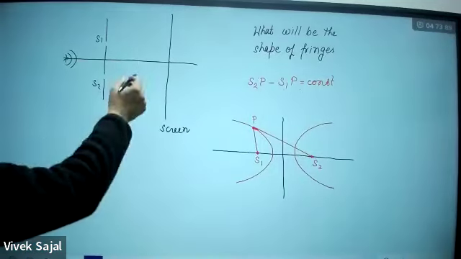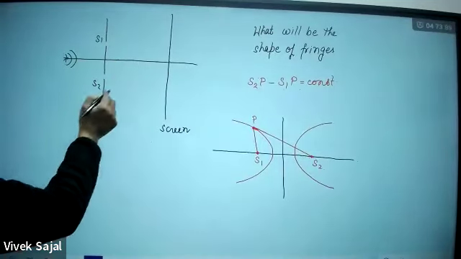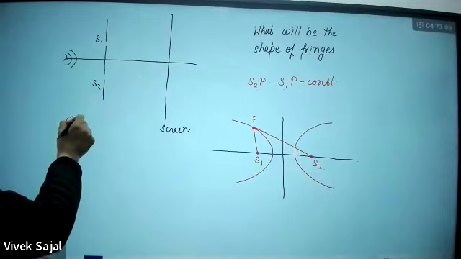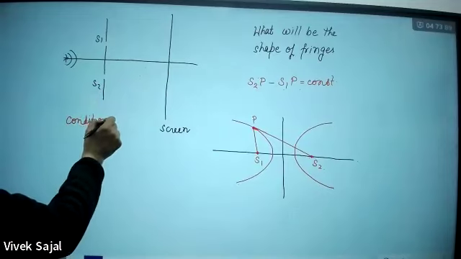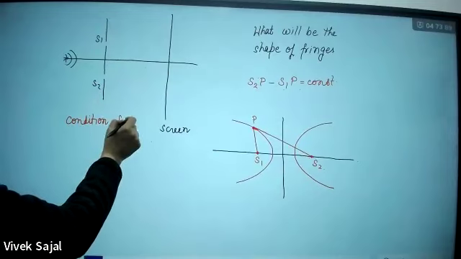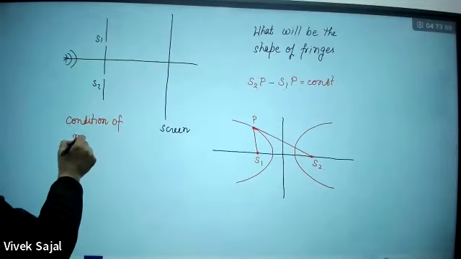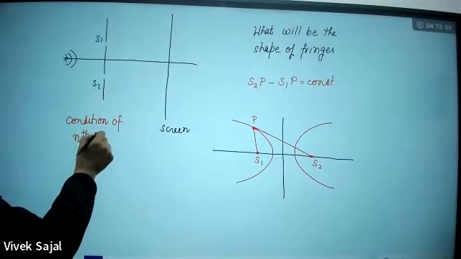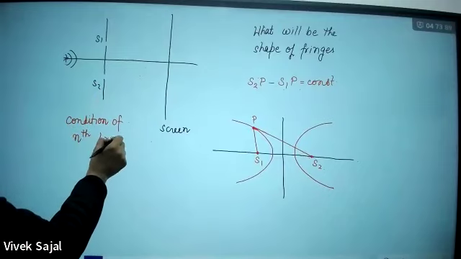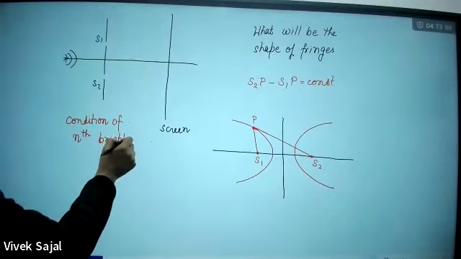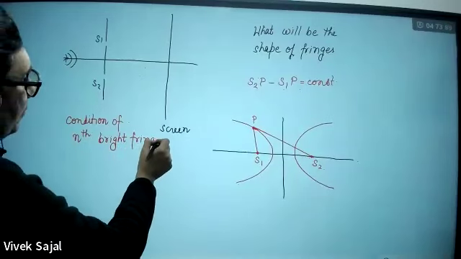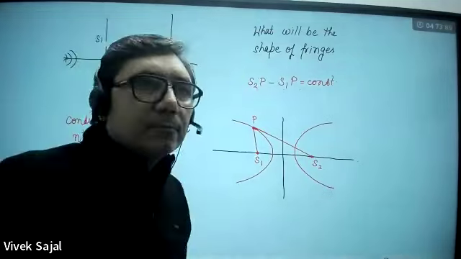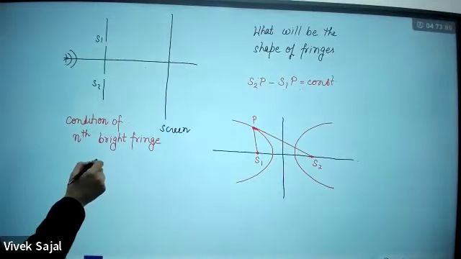And if you are having the nth fringe here, what is the condition of the nth fringe, the nth maxima, the nth bright fringe? Yes, beta? S2P minus S1P, yes. Correct, beta.